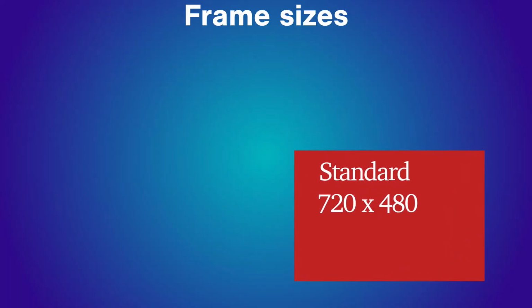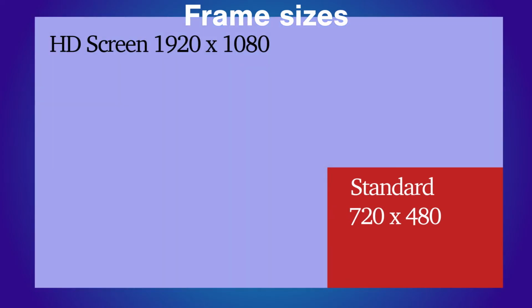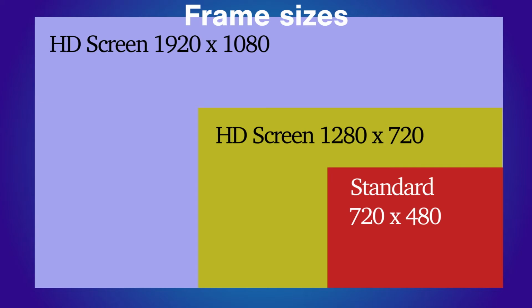So that was HD. Now there were other things going on with HD, so that's 1920 by 1080. But you may be aware there's a lot of content on YouTube that's actually played back at 1280 by 720. So that's kind of an intermediate, still considered HD, and at the time it was considered HD.